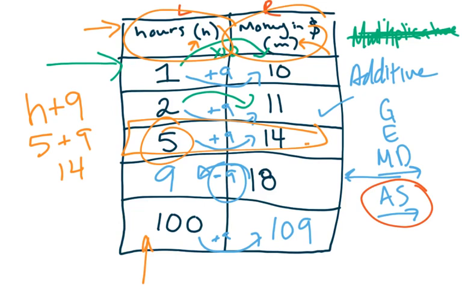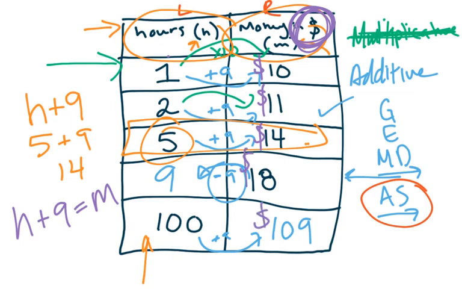If you wanted to take this further, like when we will do equations in the next unit, you could say H plus 9, your hours plus 9, equals the amount of money that you made, because each of these would be in dollars. The nice thing about a table is since your units are already included right up here, you don't need to write dollar signs for each of these.